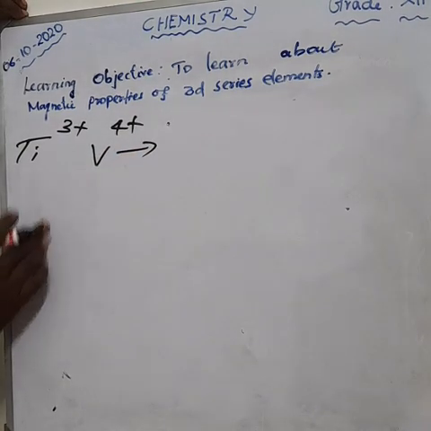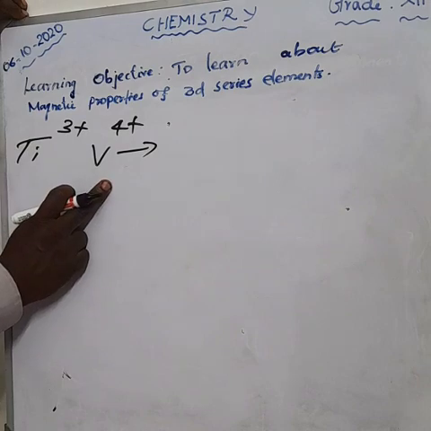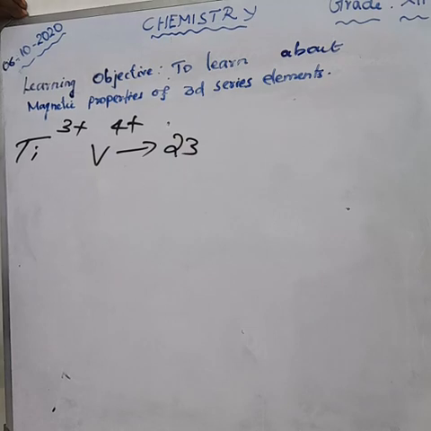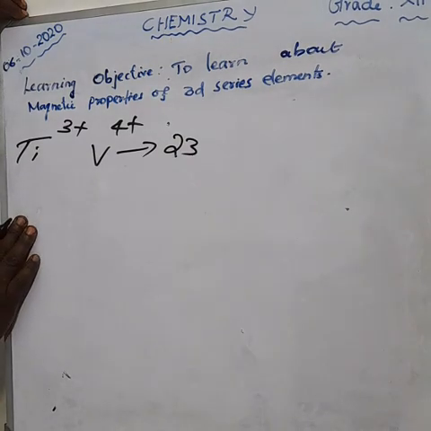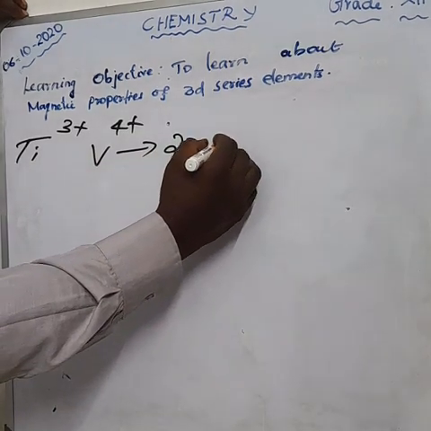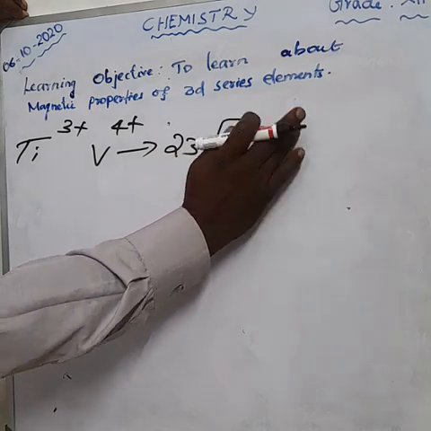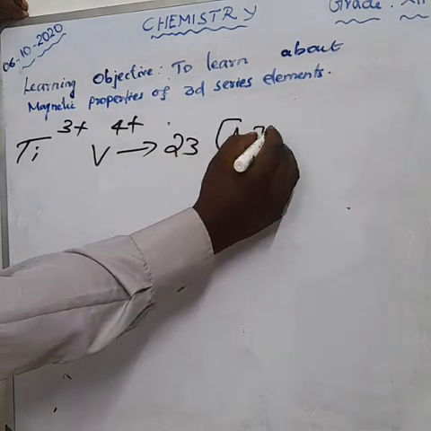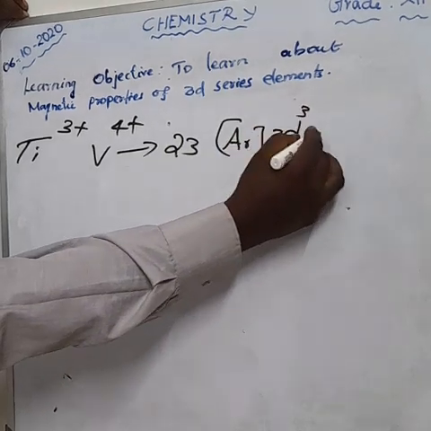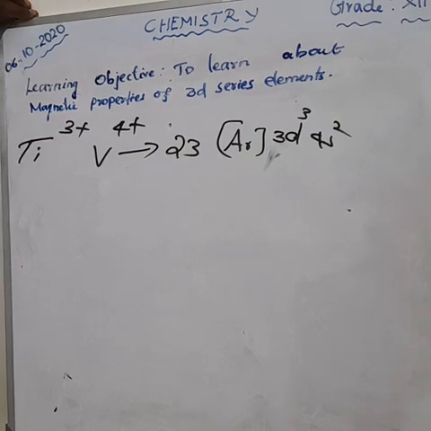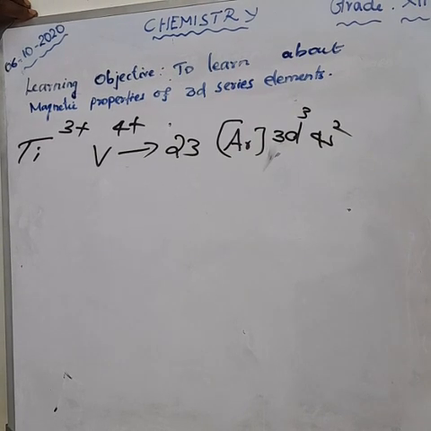First of all, you should write the atomic number. What is the atomic number of vanadium? 23. What's the electronic configuration? Argon 3d3 4s2. Am I right? That is the electronic configuration of vanadium.